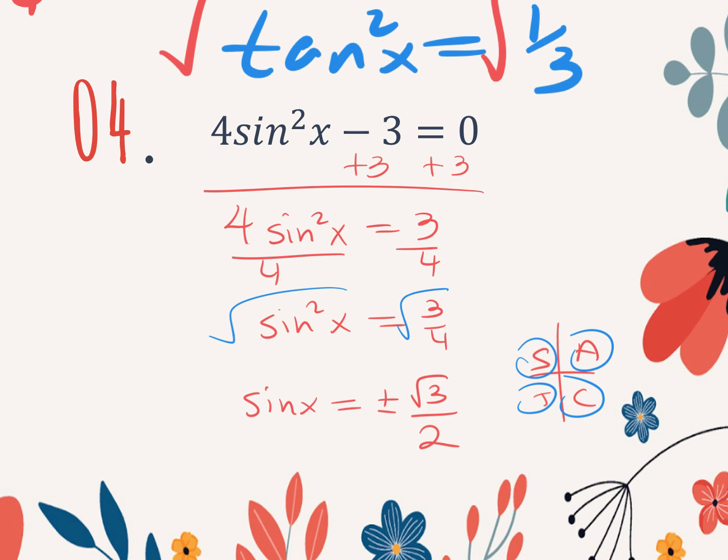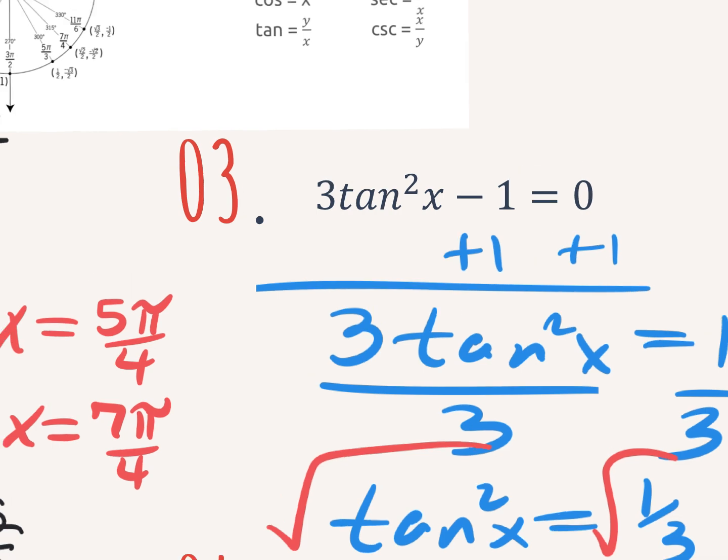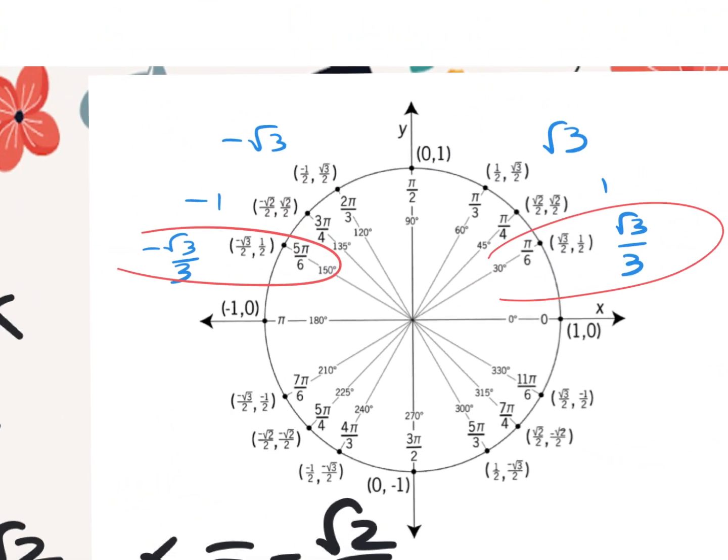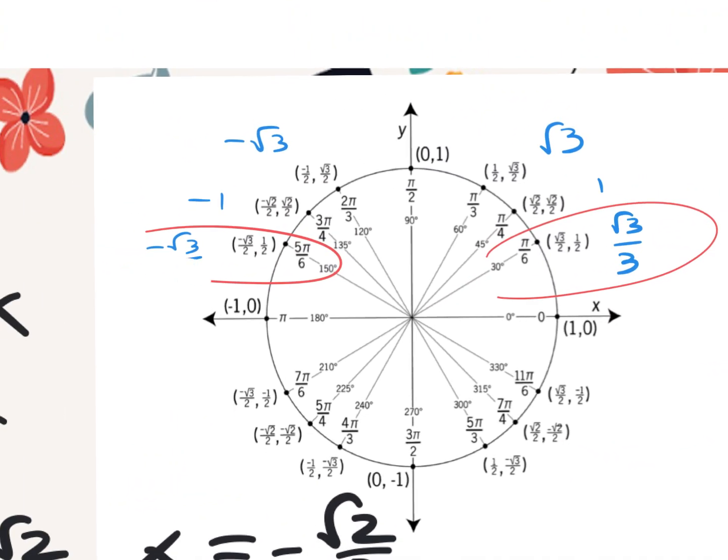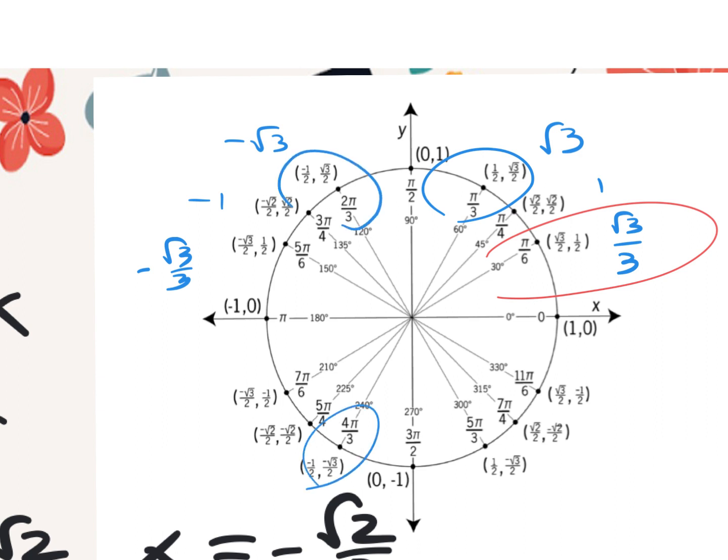So I'm looking for a y value that is equal to positive and negative square root 3 over 2. And when you come up to your unit circle, my y value where it's square root 3 over 2 is going to be the pi over 3. And then the 2 pi over 3, 4 pi over 3, and 5 pi over 3. So it's all the denominators of 3.